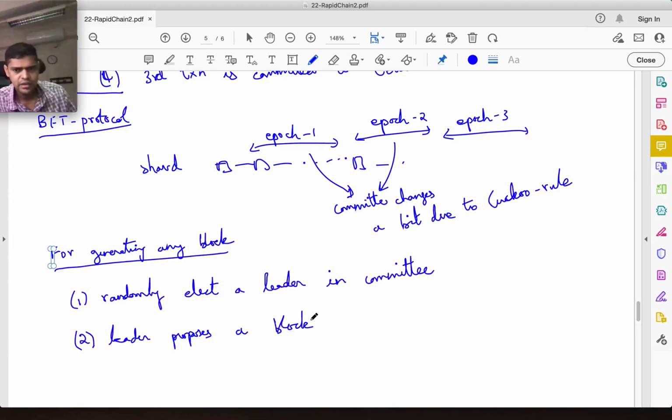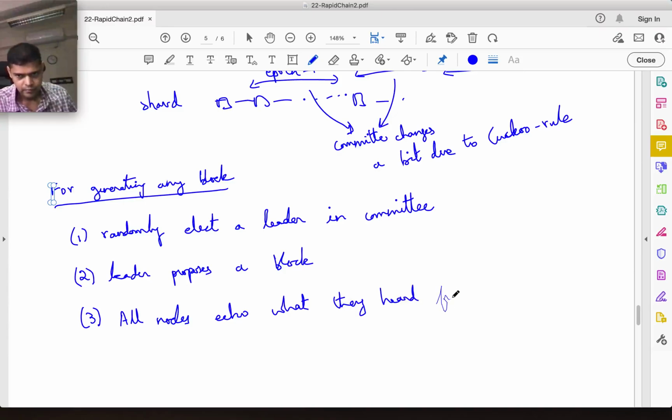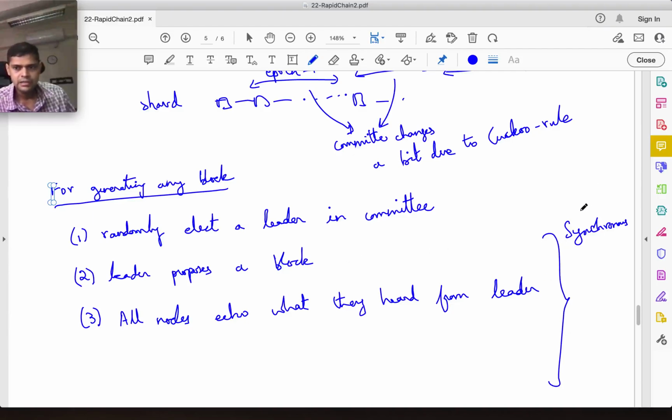And that's why we need to have subsequent rounds, just like in PBFT. So all nodes, at least if they are honest, need to do this. So all nodes are going to echo what they heard from the leader. Okay. So we are going to assume that all of these are synchronous, which means that everybody hears everybody else in a fixed time.